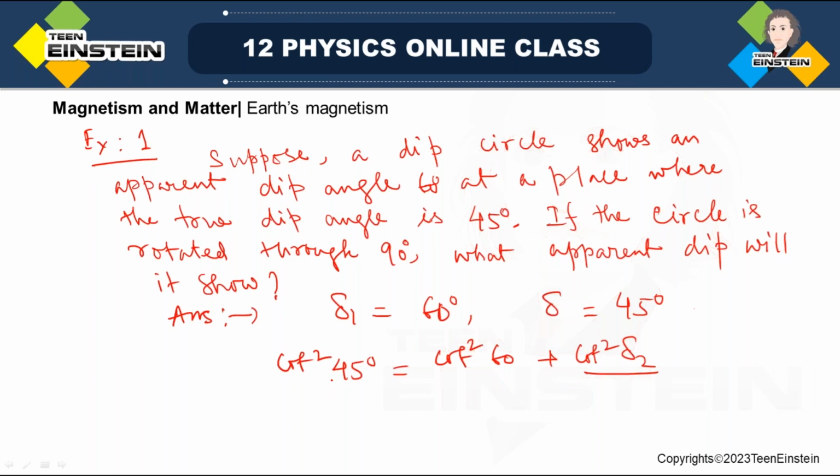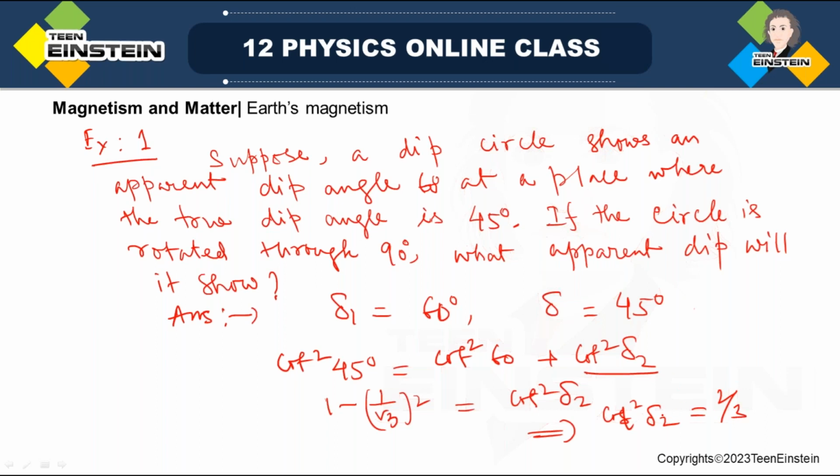So this is 1 minus cot square 60. Cot 60 means 1 by root 3, so 1 by root 3 square, and that equals cot square delta 2. So cot square delta 2 is equal to 2 by 3.